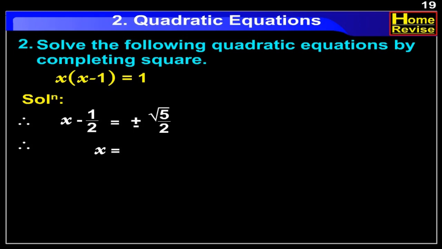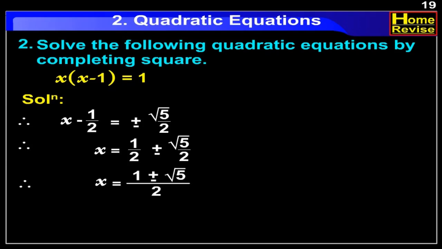Therefore, x = 1/2 ± √5/2. Taking 2 as a common denominator, we have x = (1 ± √5)/2.